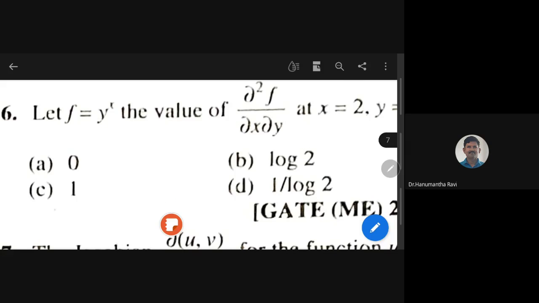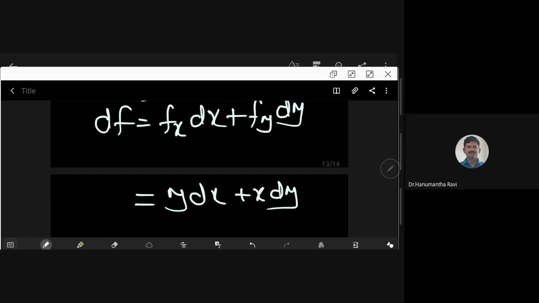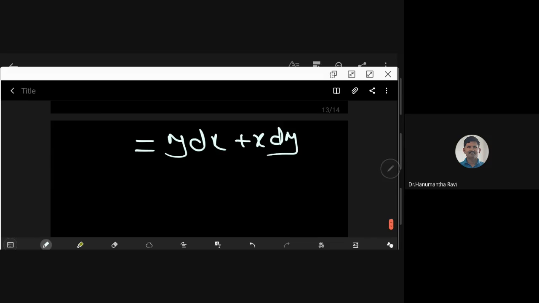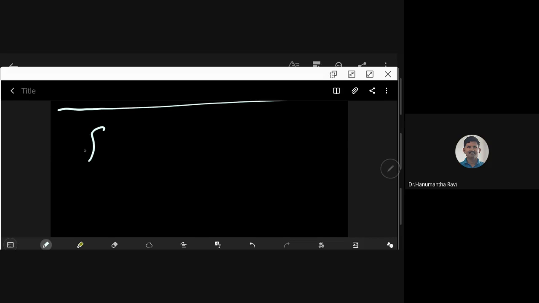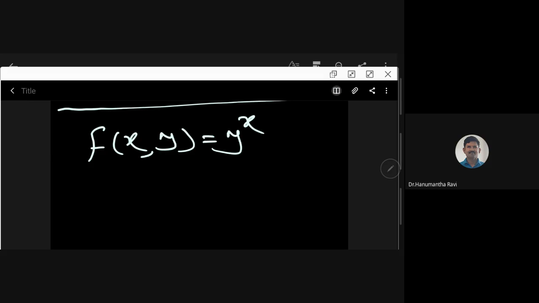F of xy is y power x, how will we do it? You need to take care here, because it is better to convert this into a logarithmic function.